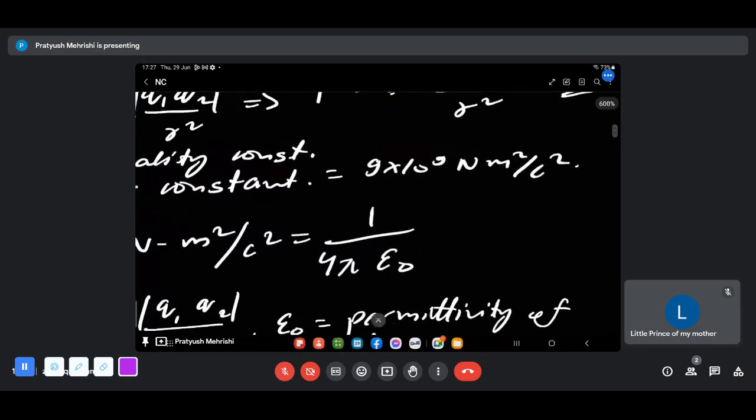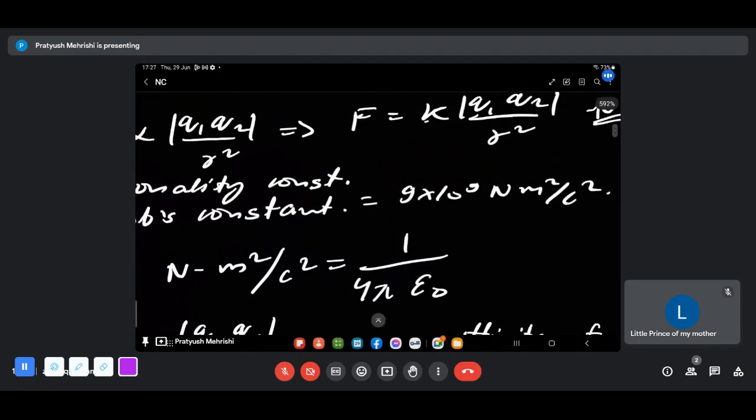Here K is the proportionality constant, whose value we know already. Experimentally, it was seen that K is equal to 1 upon 4 pi epsilon naught. Can you tell me what this epsilon naught is? It's a constant. What kind of constant is it? What is its name?